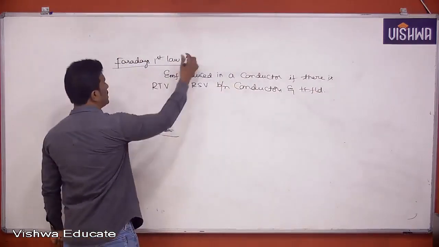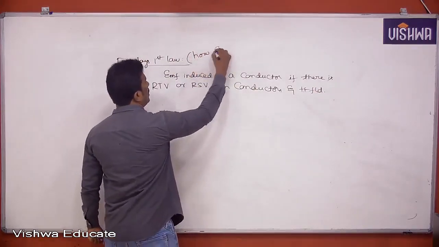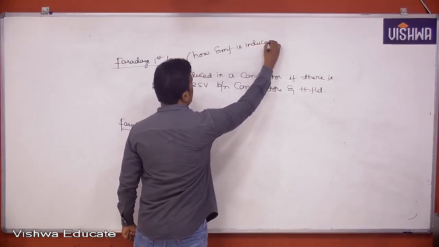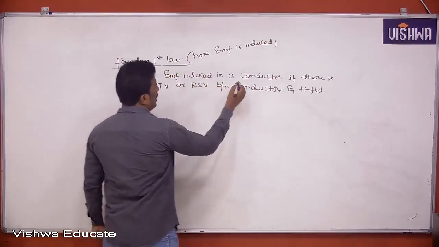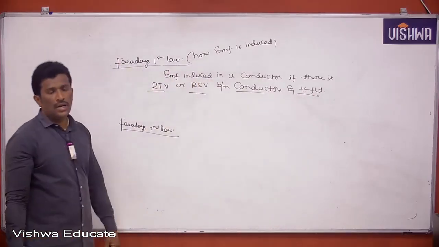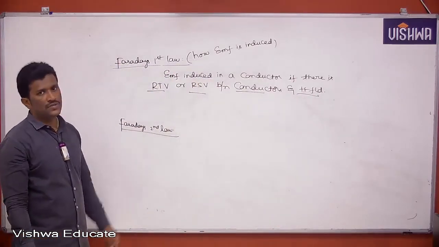Indirectly, Faraday's first law says how EMF is induced. There should be RTV or RSV between conductor and magnetic field, then only EMF is induced in the conductor. That is only Faraday's first law.